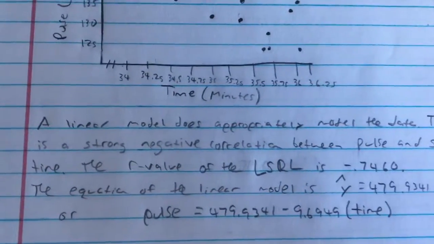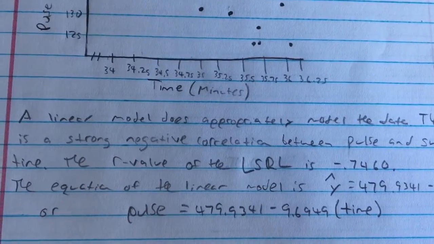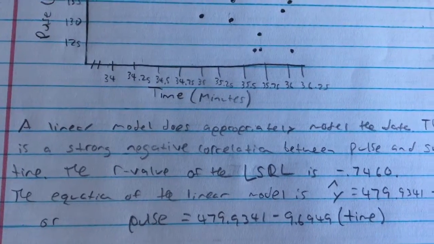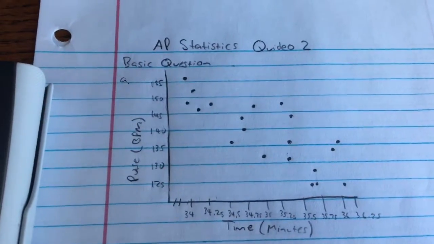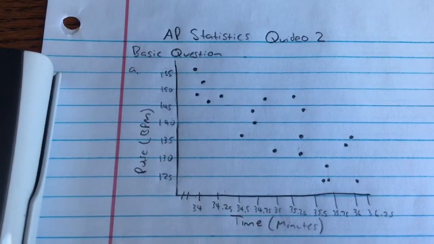The x value in your equation is time, the explanatory variable, and the y, or output, is the pulse rate, because the time is presumably the thing that is determining what the pulse rate is at the end of the swim.